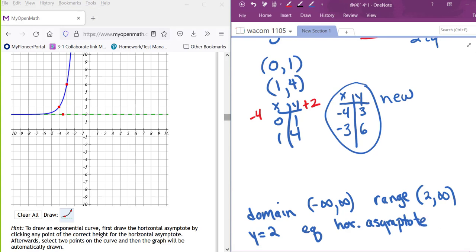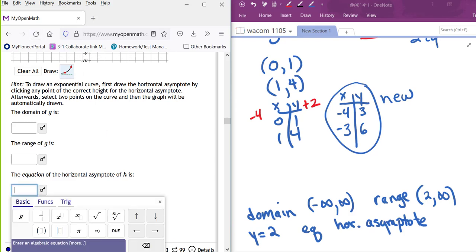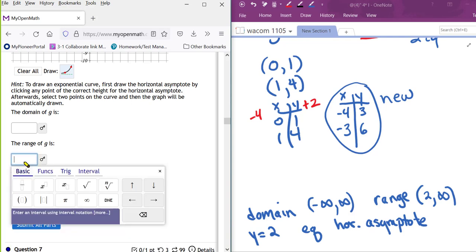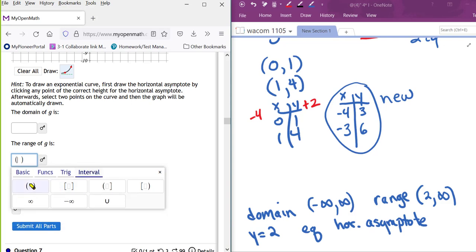So we'll put those answers in just so we can see if I have the graph correct. All right, so equation here is y equals 2. This one is 2, comma, infinity.